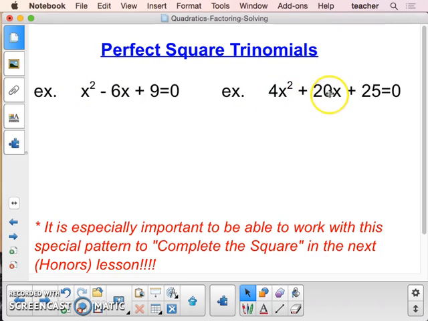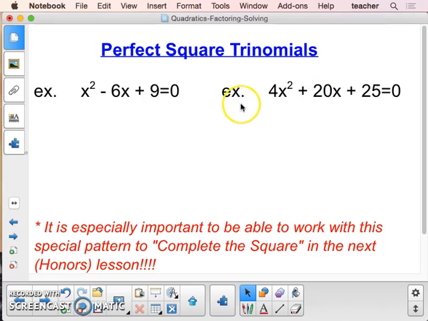Half of 20 is +10. If I square that, I get 100. Well, the square root of this is 5, and the square root of that is 2x, and 2x times 5 is 10x. And so that's where this comes from.